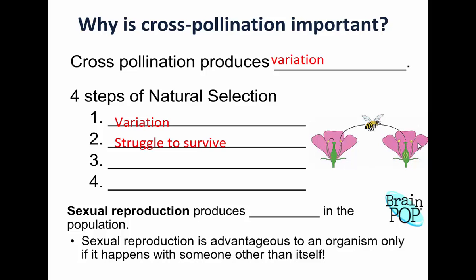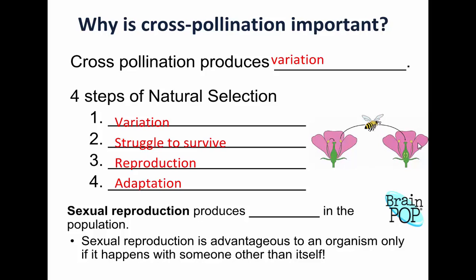What does fit mean? Not necessarily strong, but the best adapted. And if they can survive, that means they can reproduce. And they pass on these good variations to the next generation. And we call those adaptations.